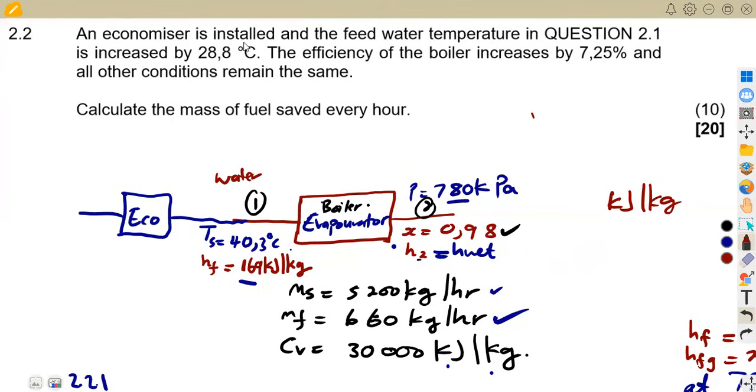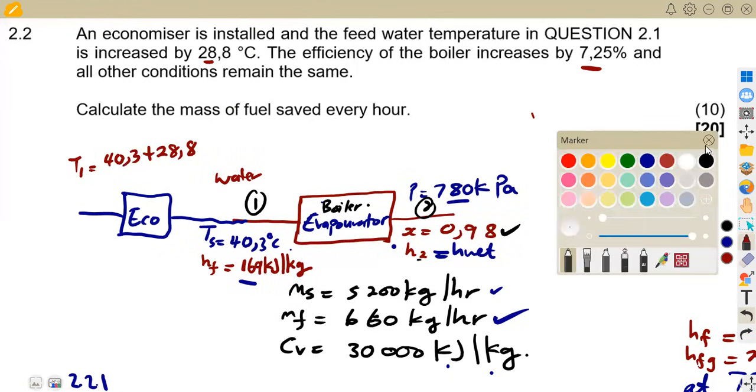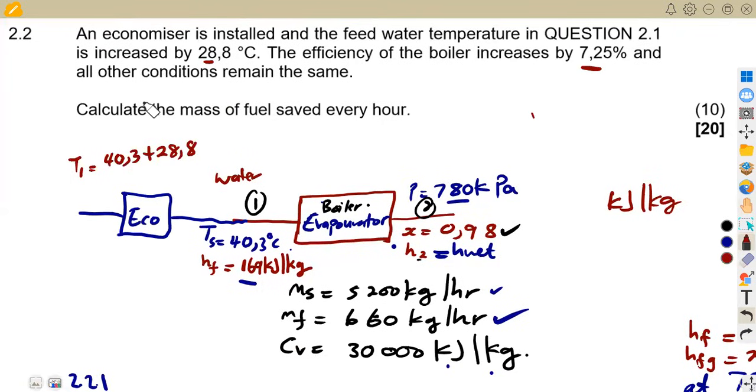So we are going to consider our T1 this time as 40.3 plus 28.8. And the efficiency of the boiler increases, meaning the efficiency that you calculated is going to change. And all other conditions remain the same. So everything is going to remain the same, but these two are going to be increased.